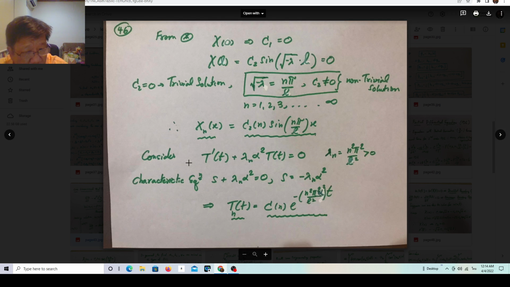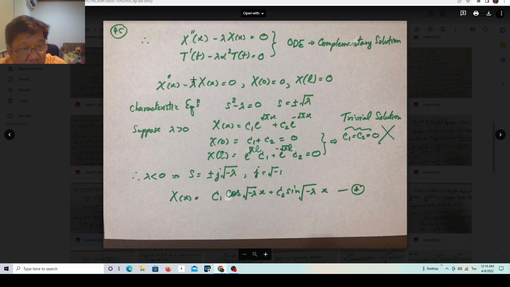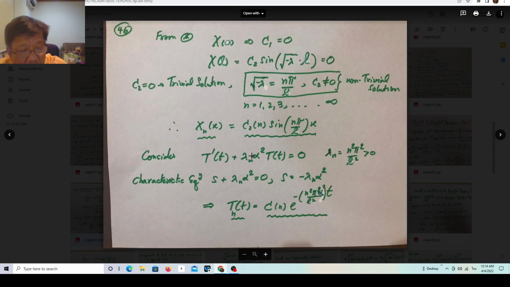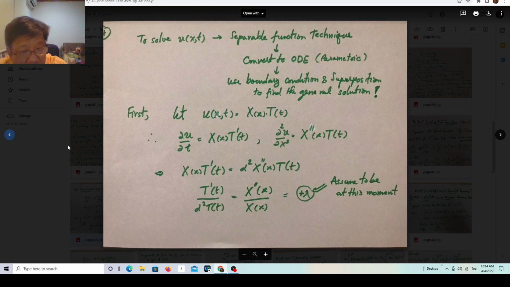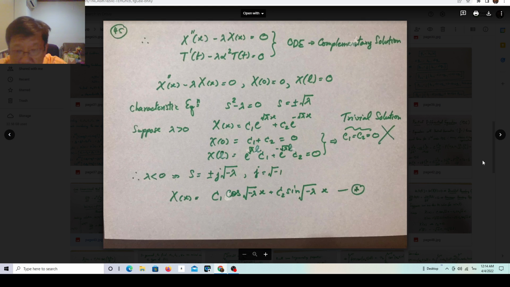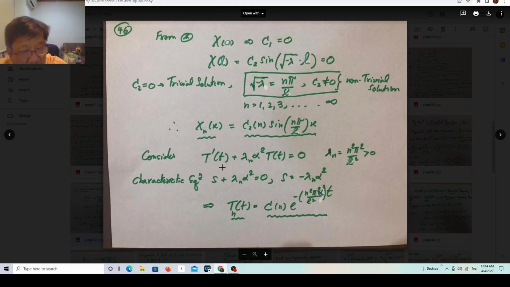The second part is where we consider the second equation. When you consider this equation, you can see there's some linkage with the parameter lambda. Here, T prime plus lambda becomes lambda n, T prime plus lambda n.